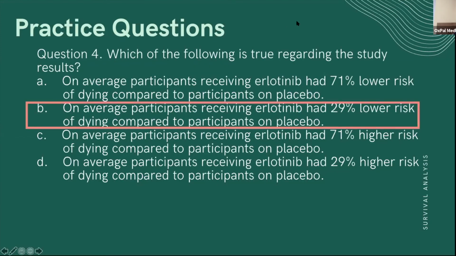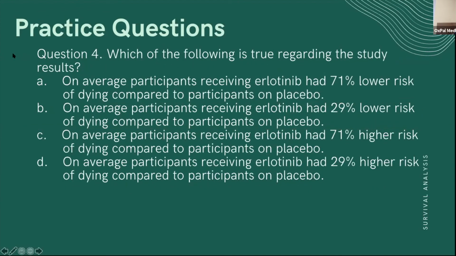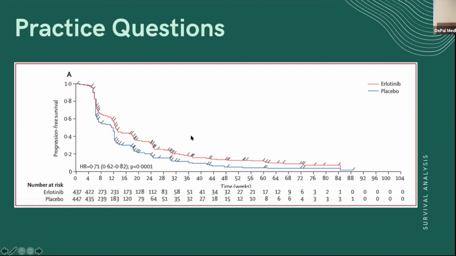Letter B is the correct answer because, remember, this is a ratio, a hazard ratio. The way you interpret this is you subtract this 0.71 from 1, or 100%. So 1 minus 0.71 will be 0.29. So it will be lower, 29%.